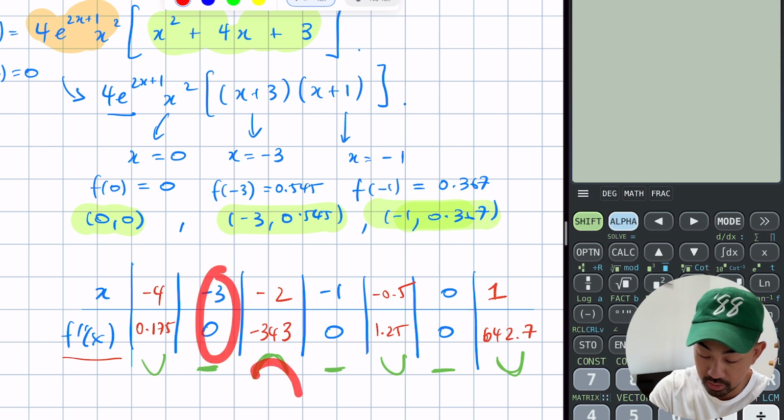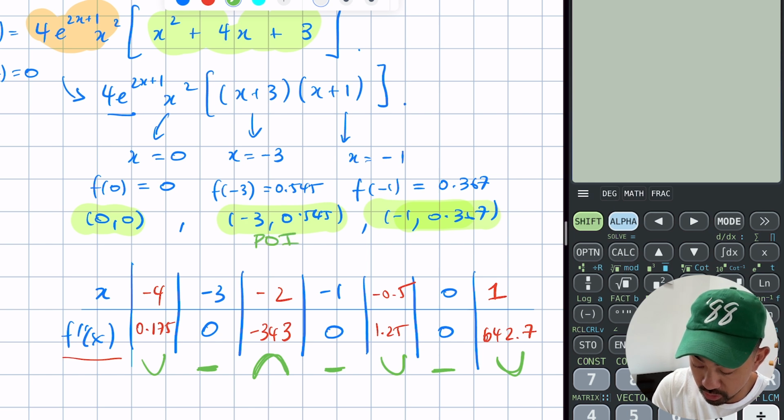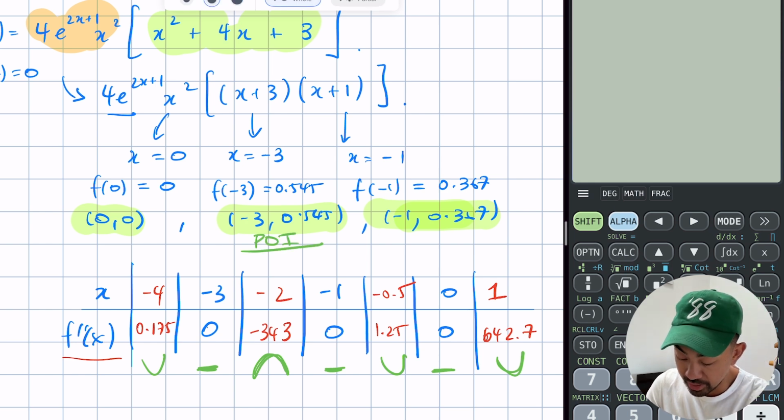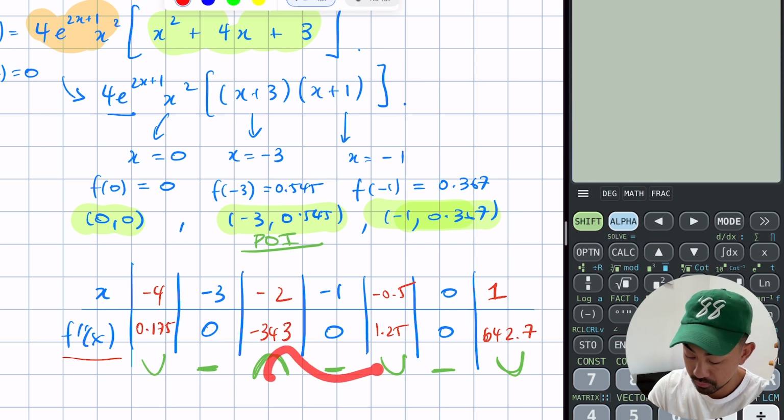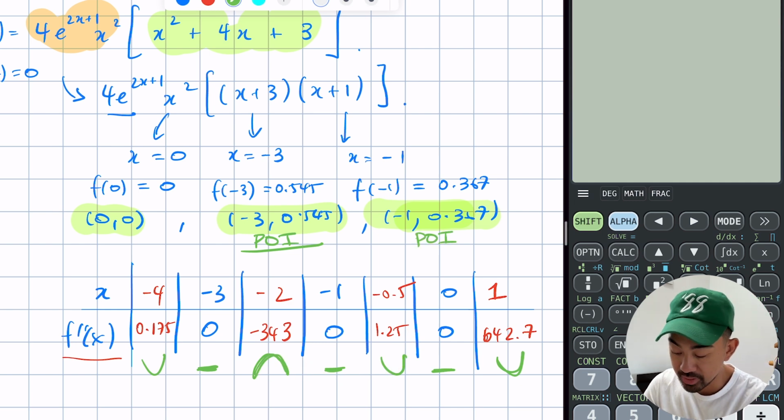So this one is going to be a point of inflection, minus 3. And then you've also got minus 1 because it changes in concavity here, down and then up. So this is also a point of inflection. And then 0, 0 is nothing, it's just going to be a stationary point.